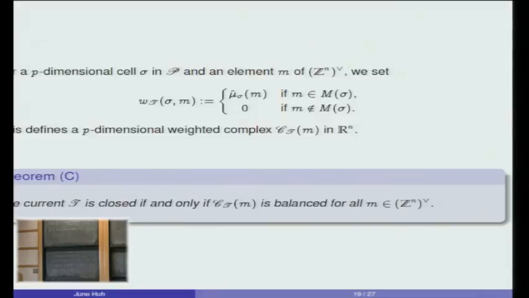So let's say this is (1, 0, 0, 0), (0, 1, 0, 0), (0, 0, 1, 0), (0, 0, 0, 1). And you put these points in appropriate positions and try to make the balancing condition work.